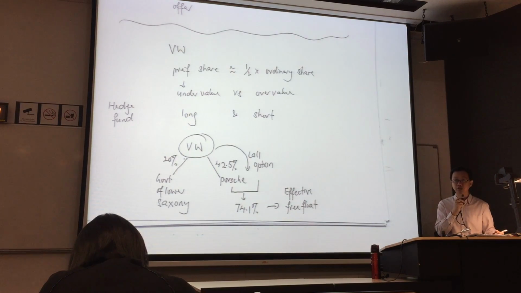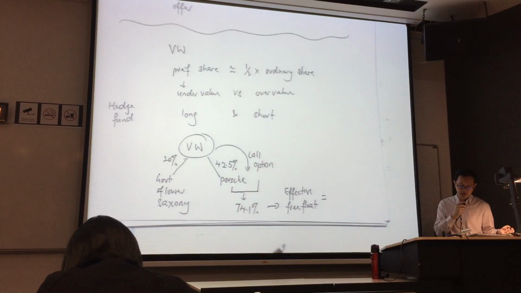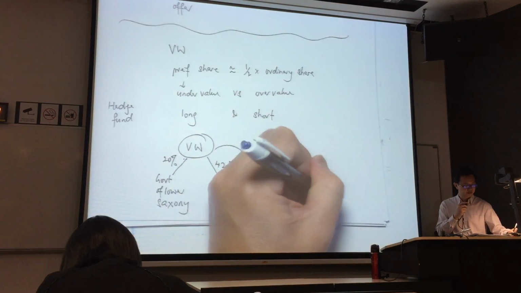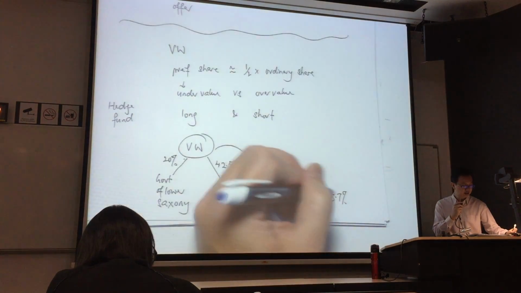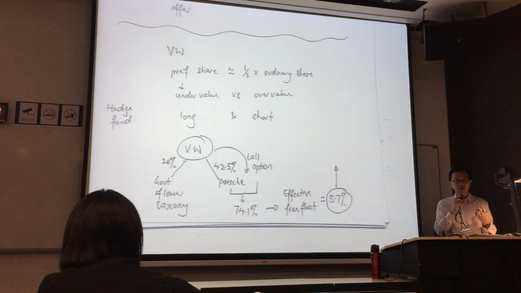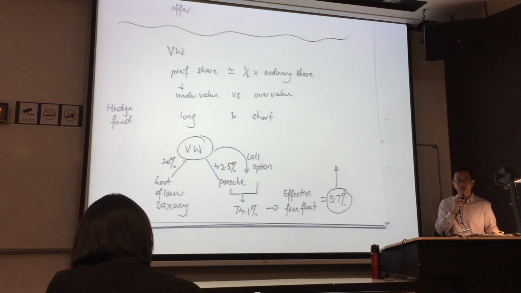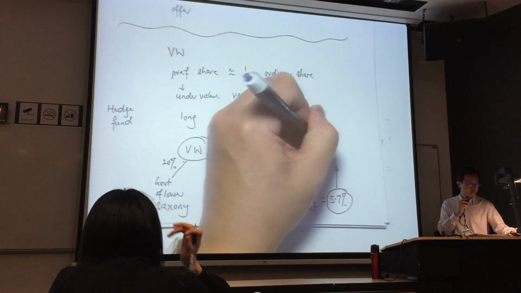Not in the hands of the major shareholders. This will mean the effective free float to be around 5.7%. Around 5.7%. And these are the shares available for hedge funds to borrow in order for them to short the market, right?